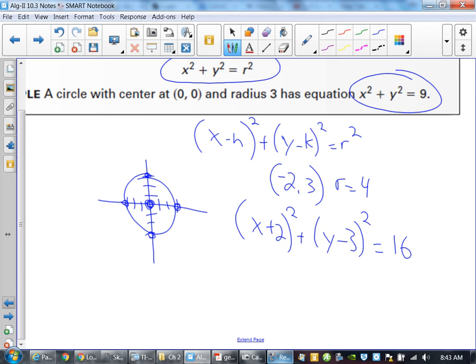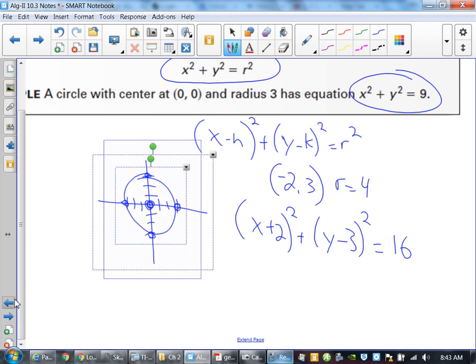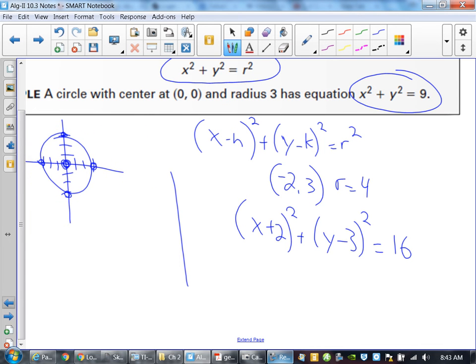If I had to plot that, it's the same idea where I would just move it in space. I go to -2 and 3, and then I just go up, down, left, and right 4, because that's the radius. So shifted circles are nothing. They're easy. Of all the conics, it's the easiest one to deal with. I know last year you guys did a little bit of that.